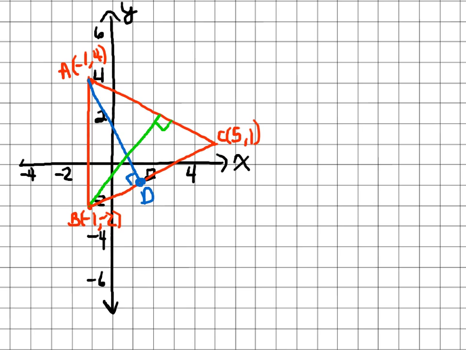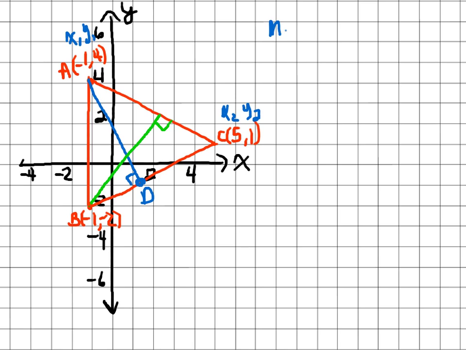Okay, so I'm going to go fairly quickly through this just because you've already seen an example fully explained. I need to calculate the slope of AC, so x1, y1, x2, y2.